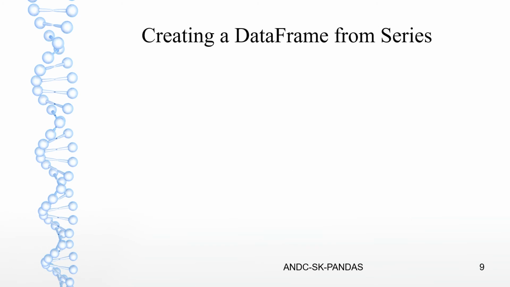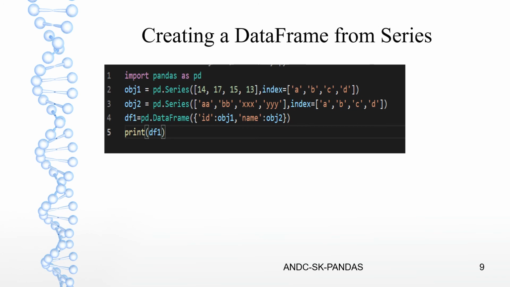Once you have created your data series, you can also create your data frame using these data series. Let us consider that we have 2 data series, obj1 and obj2, having 4 elements, and the indexes of each data series are the same, A, B, C, D. To create your data frame, you will write pd.DataFrame, and then give the name of your column along with the data series from which contents will be taken.